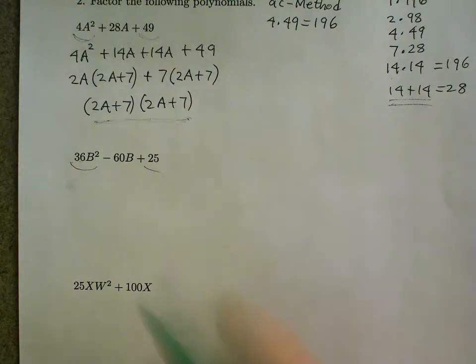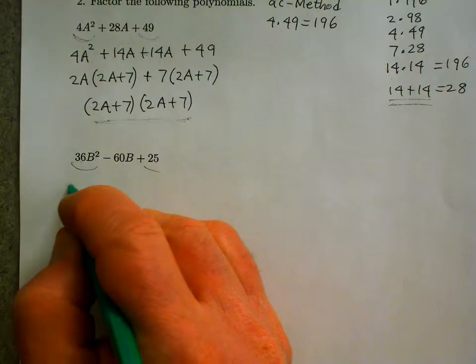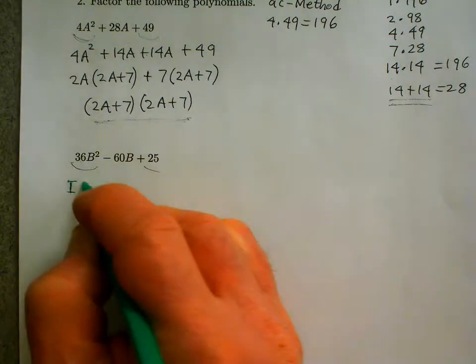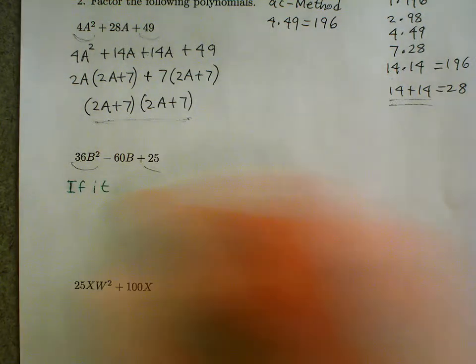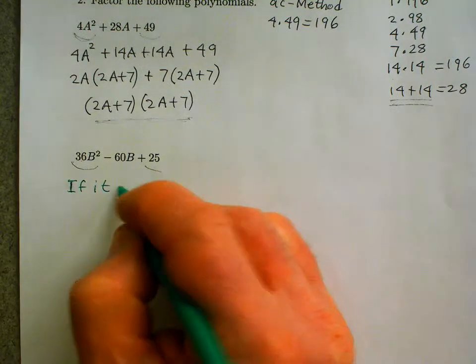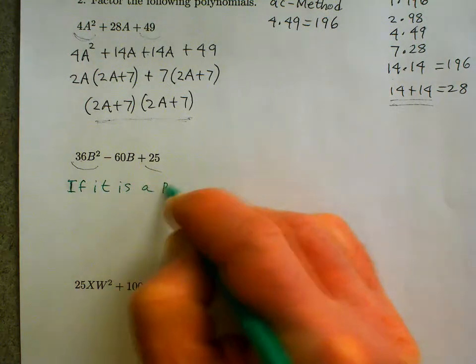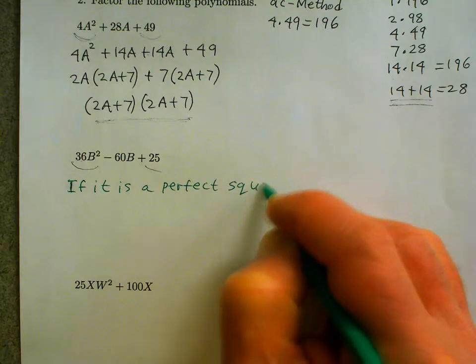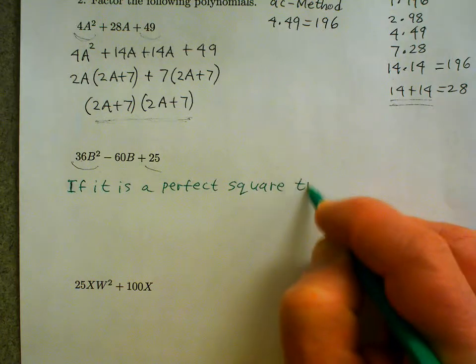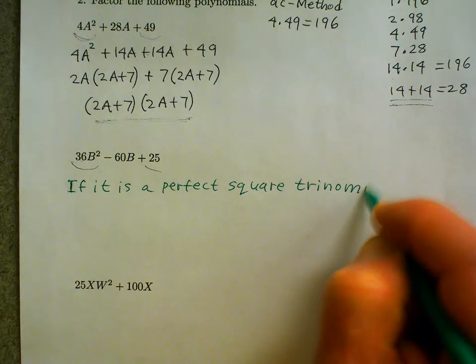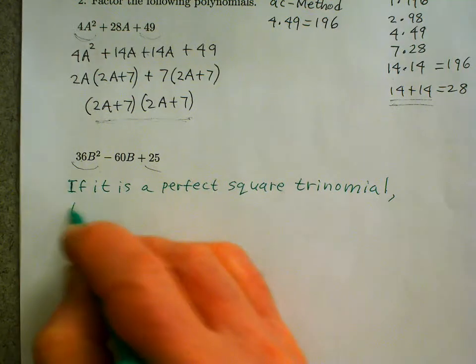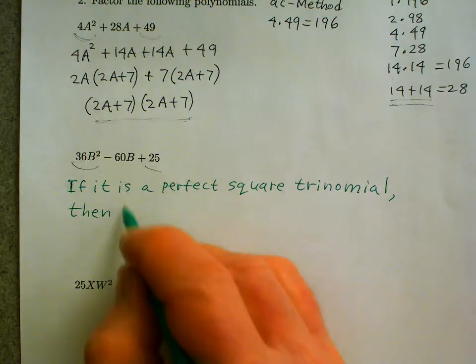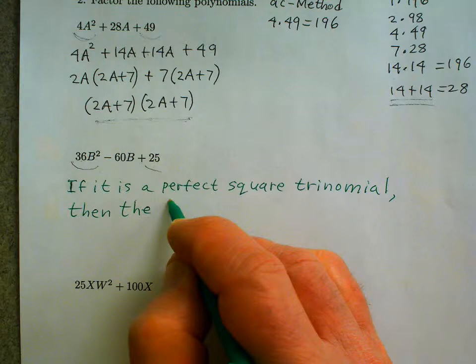So let's try this. If it is a perfect square trinomial, what should the factors be? If it is a perfect square trinomial, then the factorization is what?